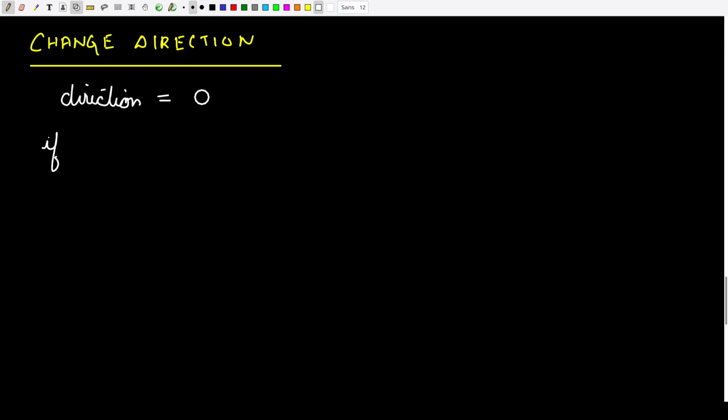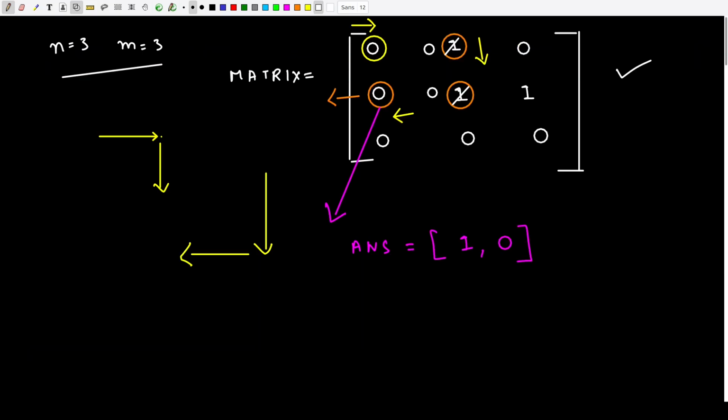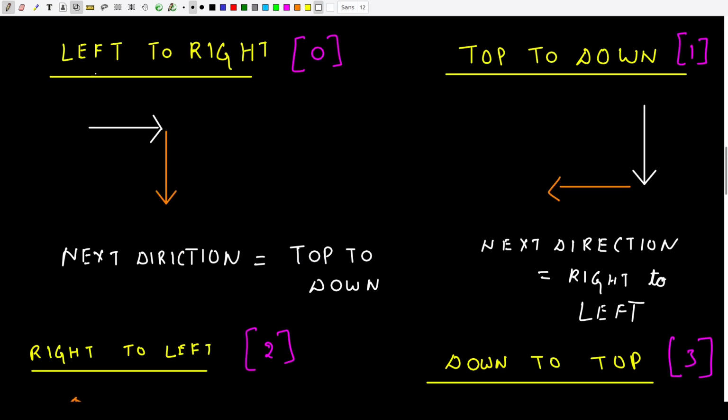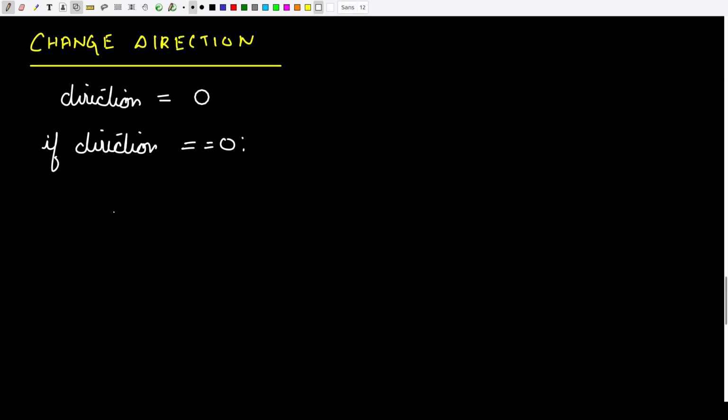If we recall from our picture, if the current direction is left to right, then the next direction is top to down, and top to down is something which we are representing by 1.